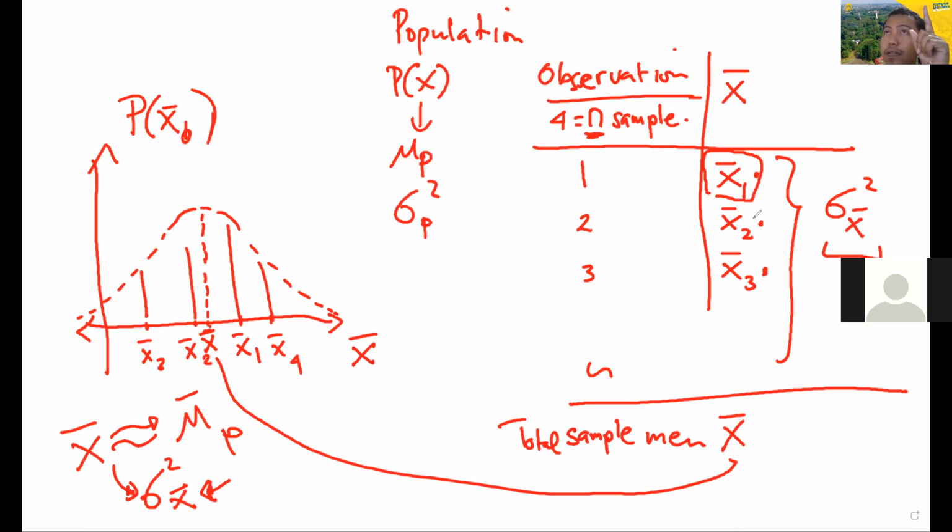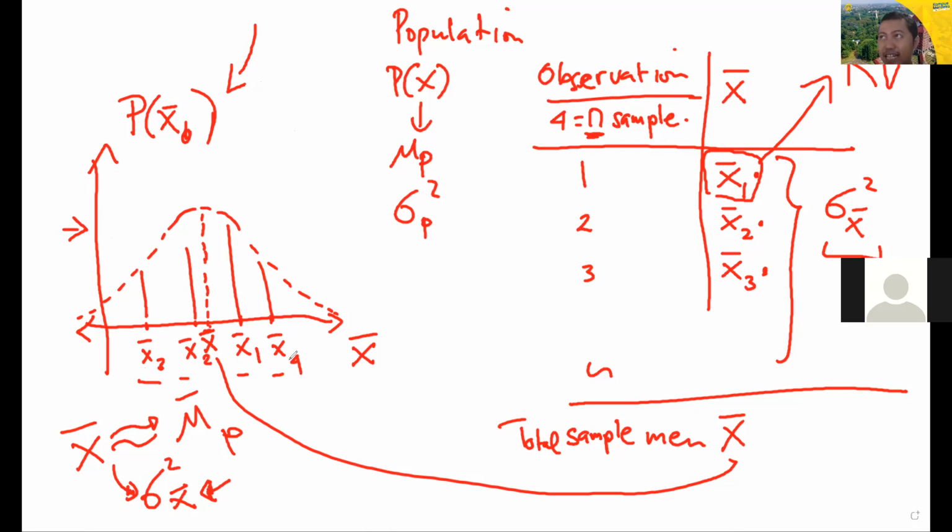Rata-rata sampel ini juga merupakan random variable kan, maka kita bisa mengeplot menjadi sebuah histogram, atau probability distribution dari sample mean ini.